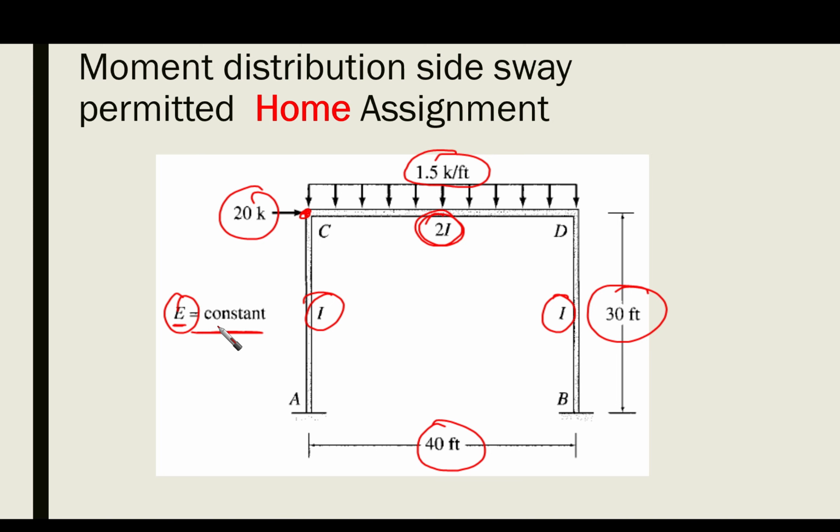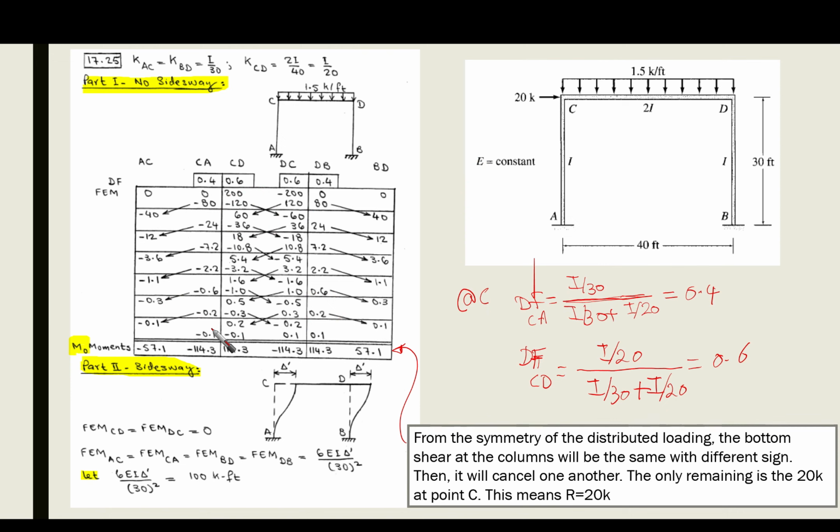Now let's go and apply the same two steps. I'm going to be a little bit quick here because we have already understood the main idea. So part 1, no side sway, as we have done before. Here we put our system as it is, and we are going to obtain the distribution factors.